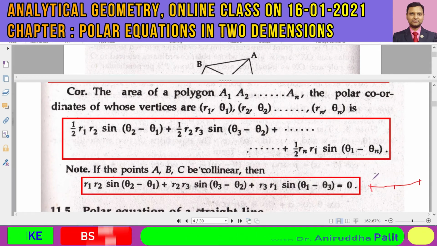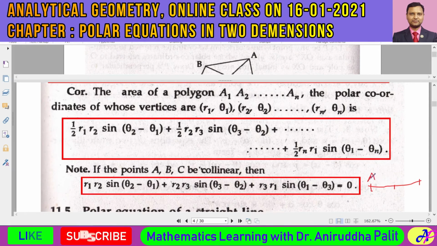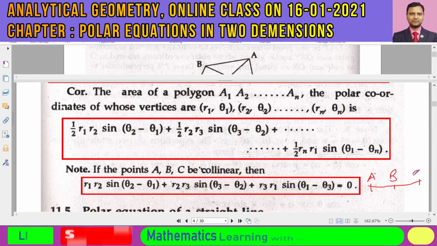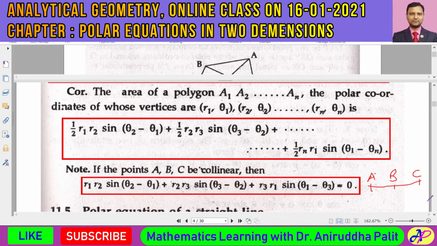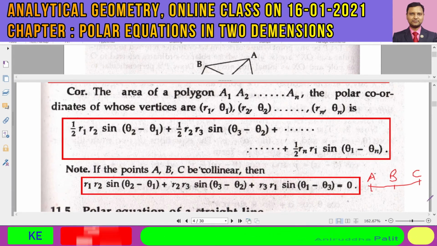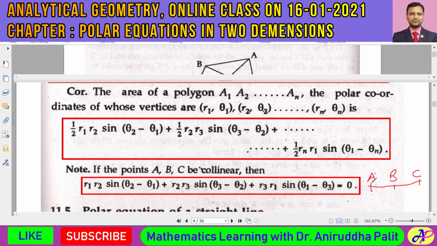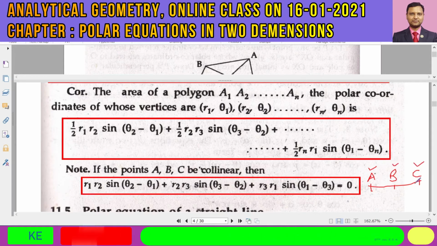Say one is this point capital A, another is the point capital B, and suppose there is a third point capital C. If these 3 points lie on a single straight line, then the area of the triangle formed by A, B, and C must be equal to 0.